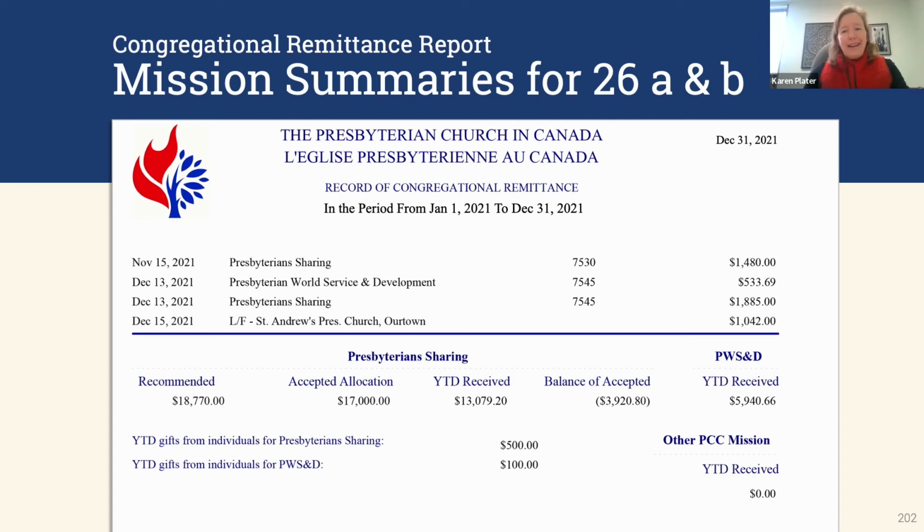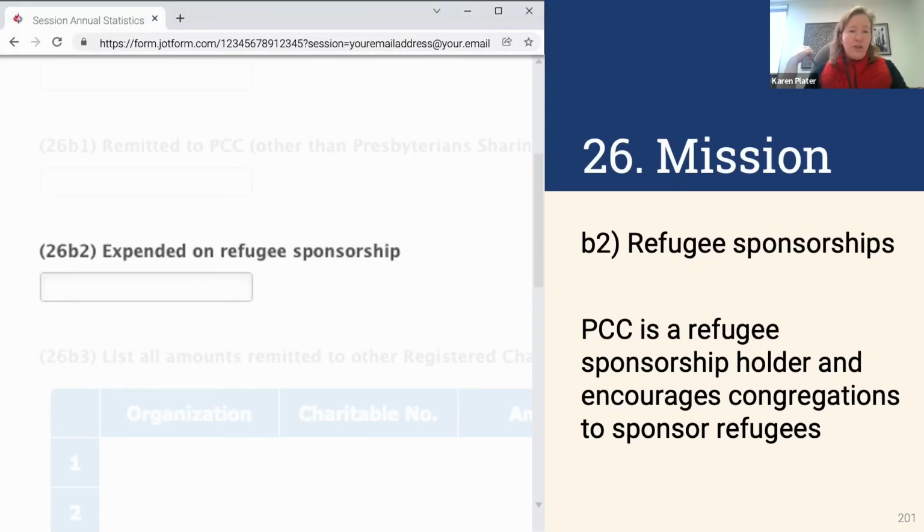So it may be slightly different from your books and what you have, as long as you've sent us all the money in 2021 or in the first 10 banking business days of 2022, then your number is going to be correct here. If not, there may be a slight discrepancy, but you'll make it up next year because your numbers are going to not have it next year, but we will. We always use the numbers that were actually sent in.